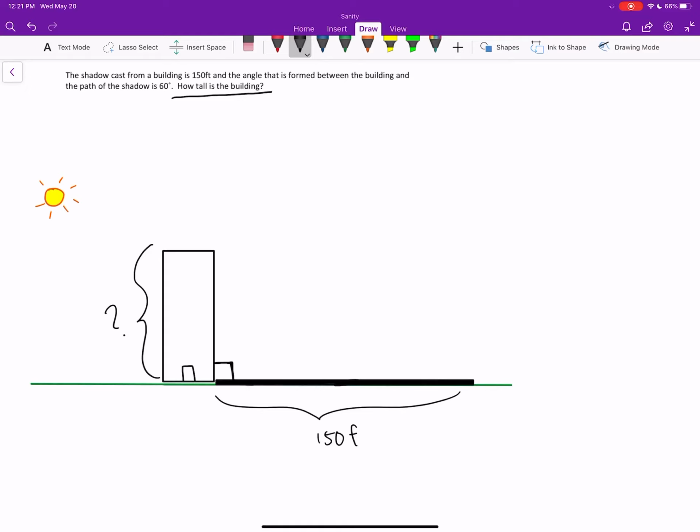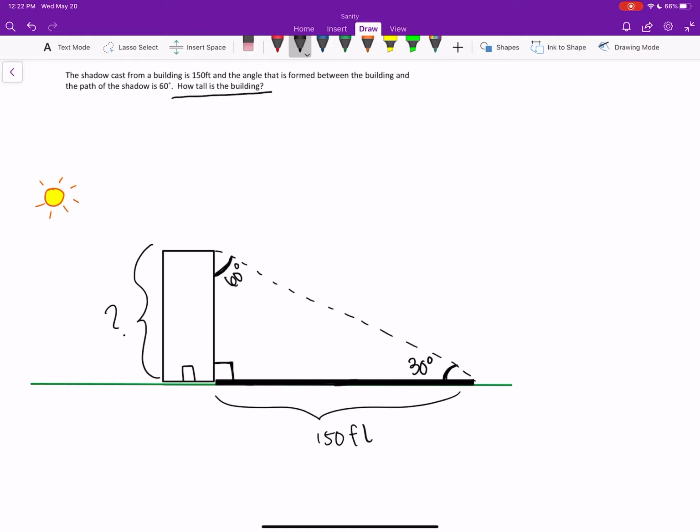And I also know the angle between the building and the path of the shadow, so I'm going to assume it's this one since it didn't include information about the ground level. So I'm going to say that this angle is 60 degrees, and then here's my path of the shadow. This last one has to be our 30-degree angle.